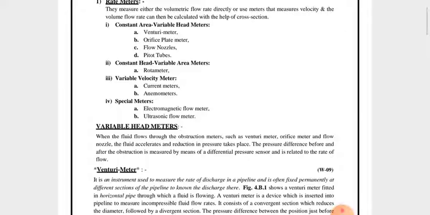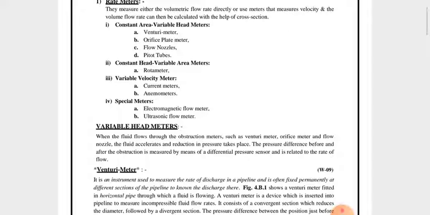So in variable head meters, we will have to study the venturi meter, orifice plate meter, flow nozzle and pitot tube. What is a variable head meter? When the fluid flows through an obstruction meter such as a venturi meter, orifice meter or flow nozzle, the fluid accelerates and a reduction in pressure takes place.